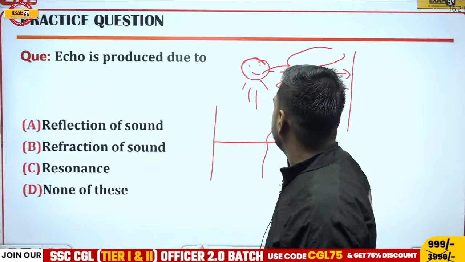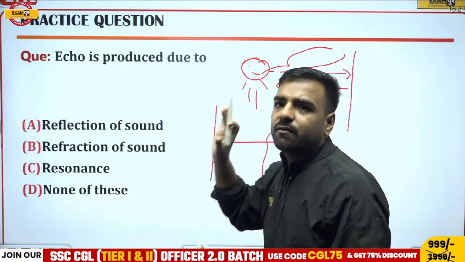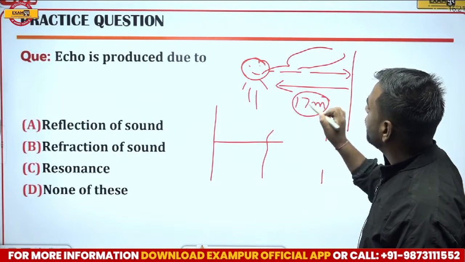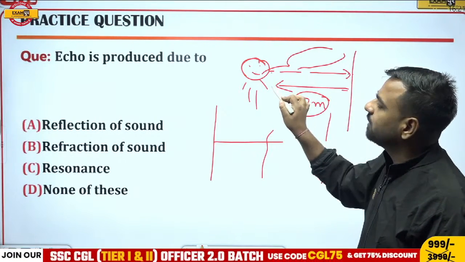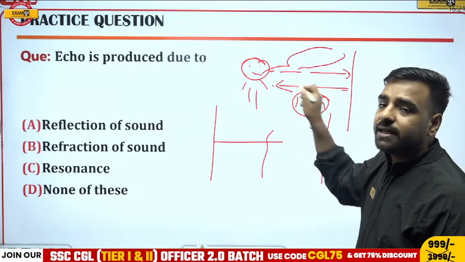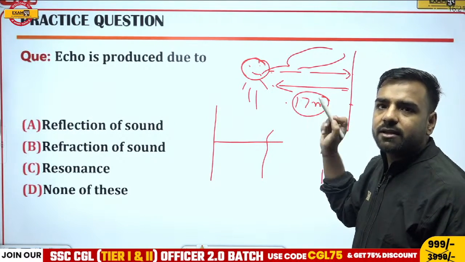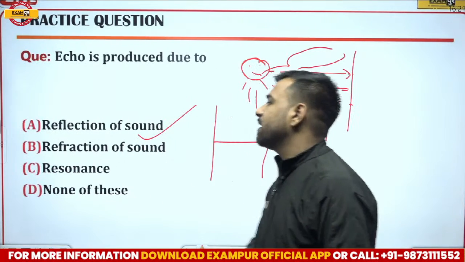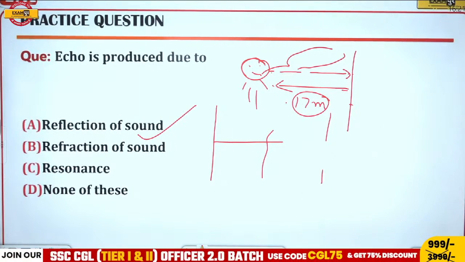And for this echo to happen, there must be a minimum distance of 17 meters. So the sound is reflecting back, that is, the sound which was produced by the boy is coming back. So Manish, you are absolutely correct. The correct answer is reflection. Echo is because of the reflection of the sound.